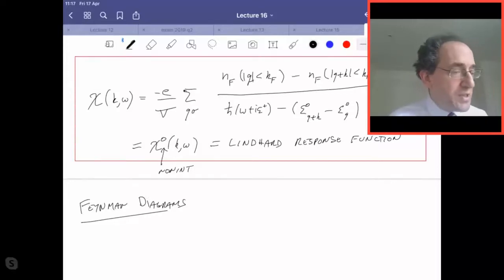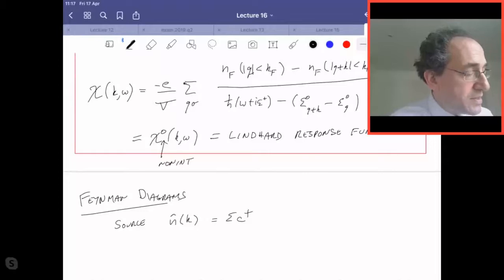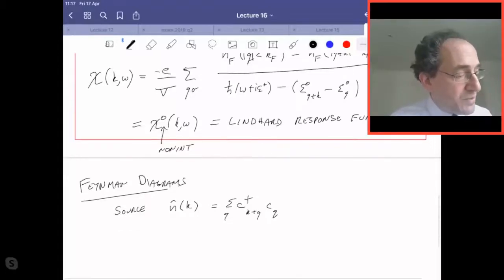Anyway, we need the source. The source is the coupling of the potential to the density. So the source is going to be the density operator, n of k, and the terms will look like c dagger of k plus q, c q, and we'll draw it like this.